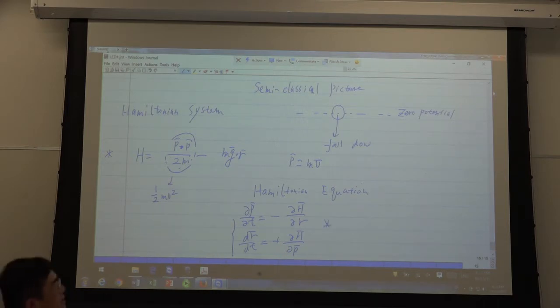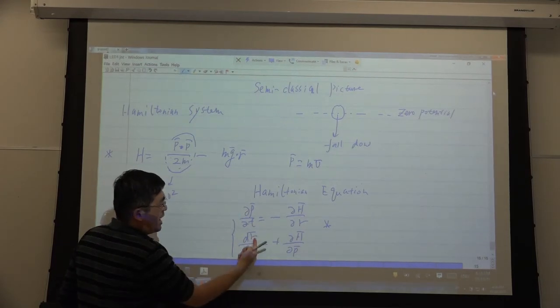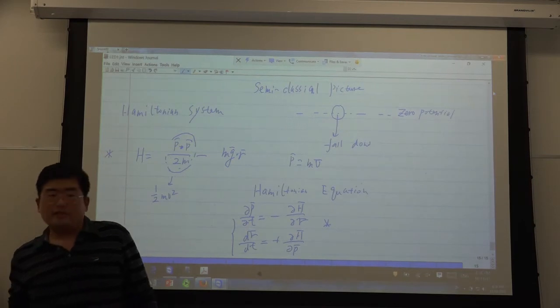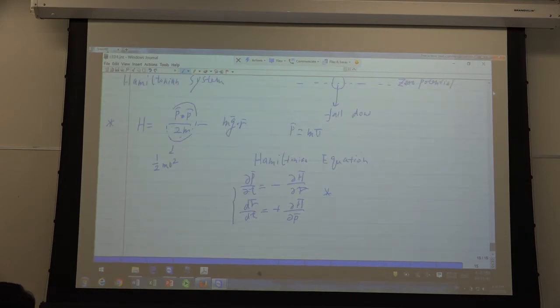You can see this one is negative, this one is positive, this is p, this is r, and when I change the position, this is r, this is p. This is called the Hamiltonian equation. From this equation, we can see what happens. Everyone knows dp over dt equals F, a force.